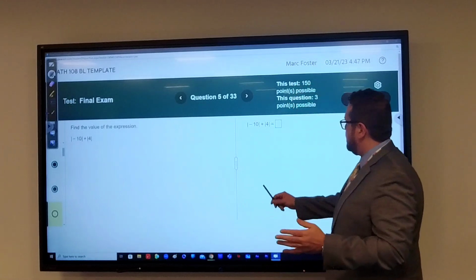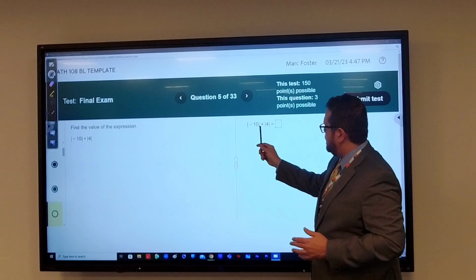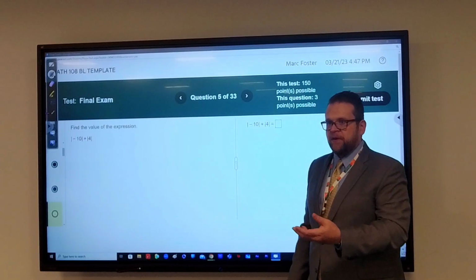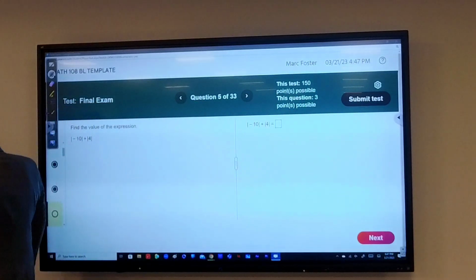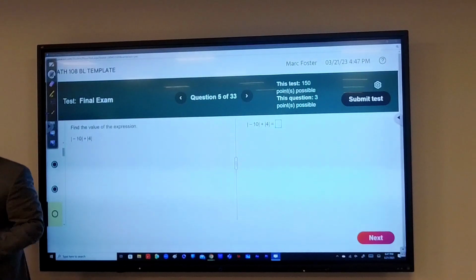Granted, you guys aren't doing pre-calc, but this operation is deceptively simple and simultaneously extremely delicate and complicated. All it really means is the positive version of this thing. It means if there's a negative, rip it off and put it in the garbage can.